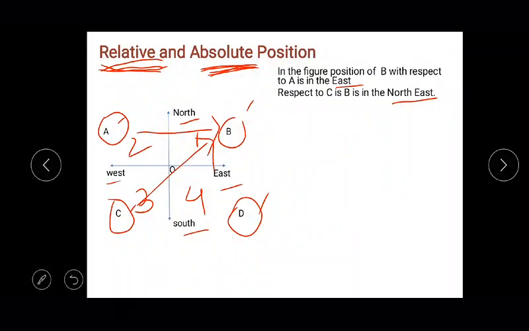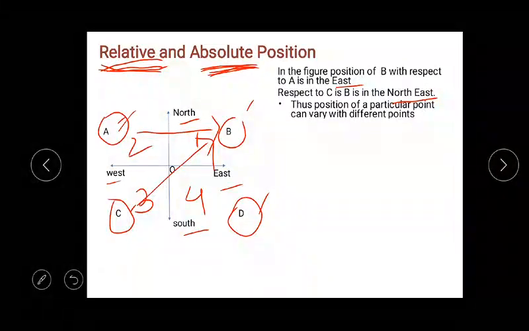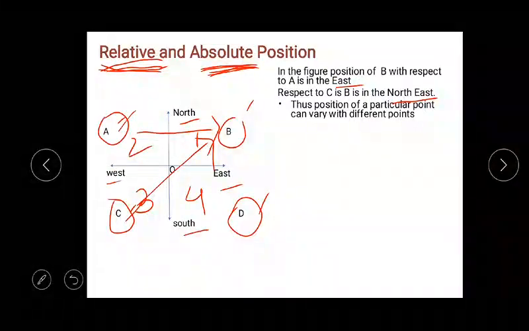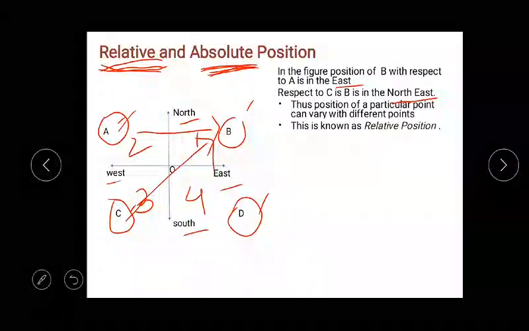Clear? So the position of B is varying, as A and C are varying reference points, so the position of B will vary according to these two reference points, A and C, and this type of position is referred to as relative position.